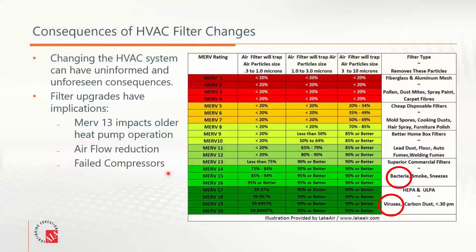The reality is that, let me go to another slide here. I had this in here because everybody talks about filtration. So if you understand filtration here, you're showing a scale of MERV 1 down to MERV 20. What you need to understand is that from MERV 17 to 20, these are HEPA or ultra low particulate filtrations. Notice it's MERV 17.